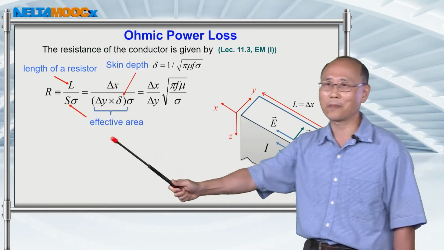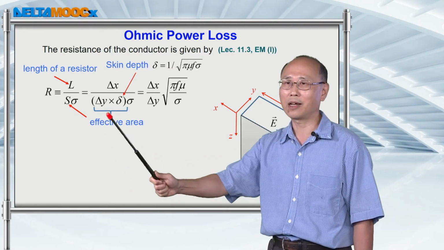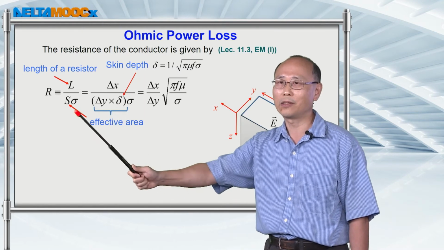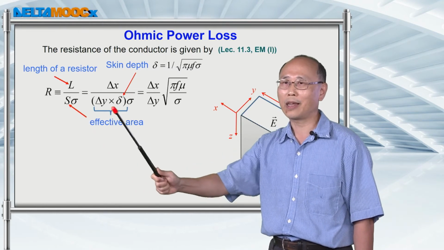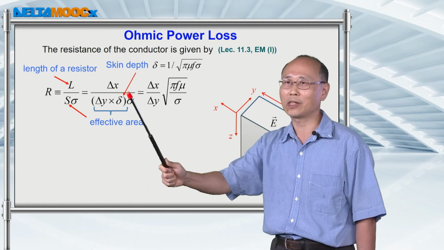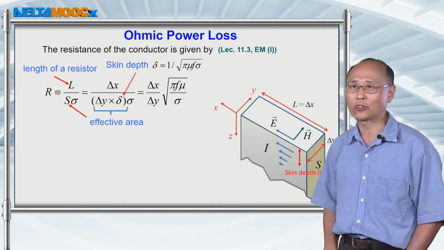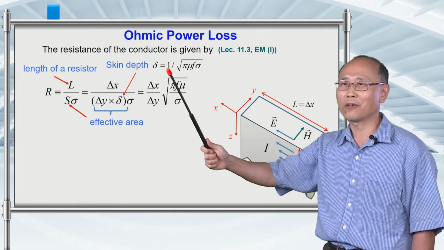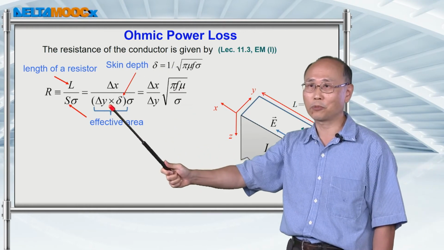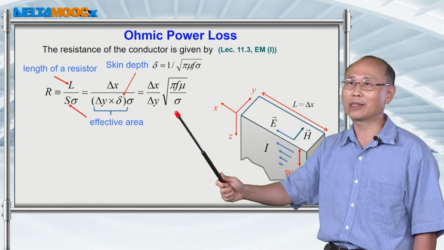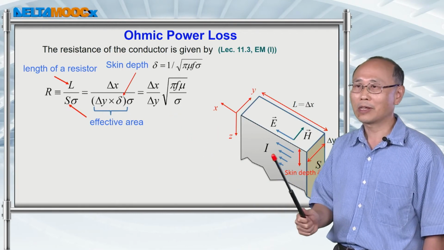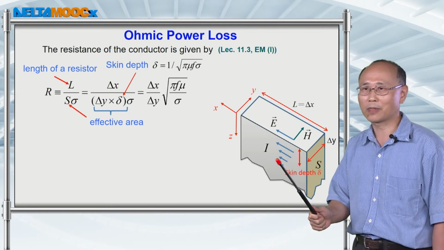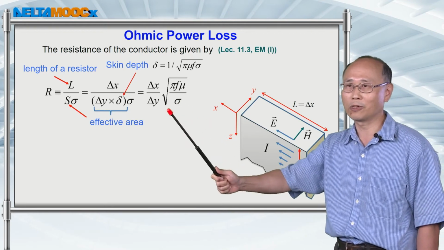So let's put S equal to delta Y multiplying with delta into this expression, and then replace L with delta X, which is the length of the resistor. And also you plug the expression of the skin depth into this expression. Then you end up having this expression. So effectively, the resistance of this piece of conductor is going to be equal to this.